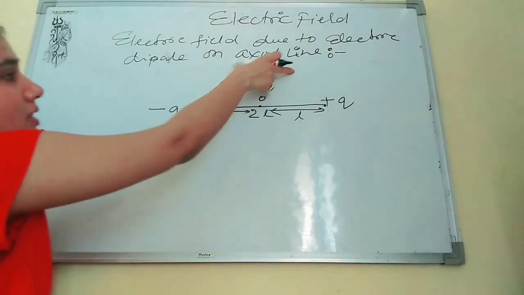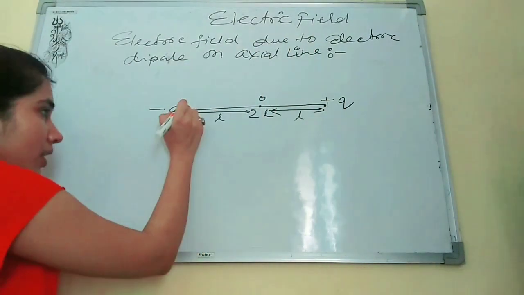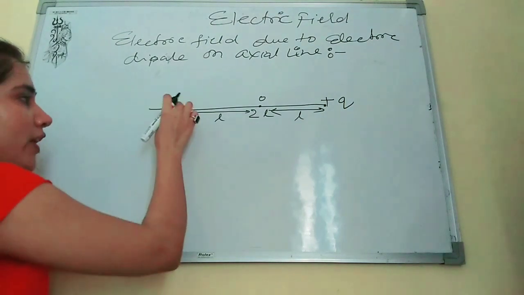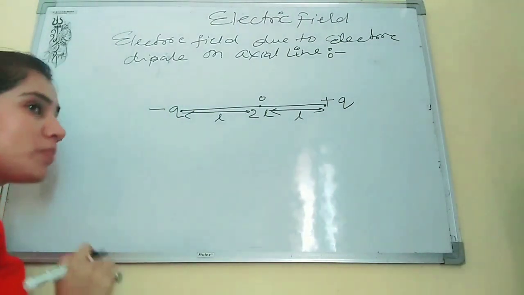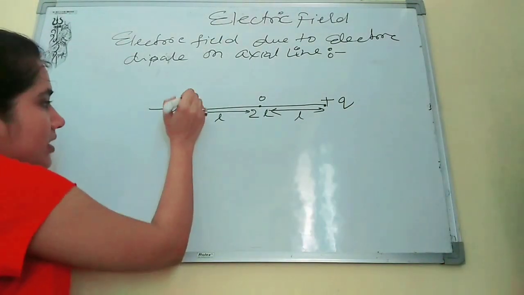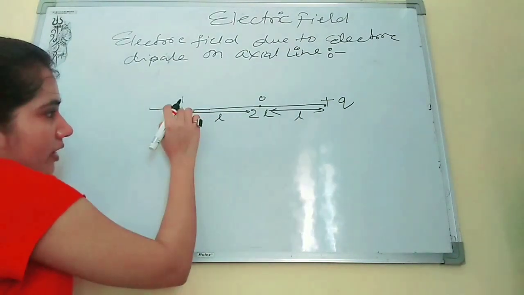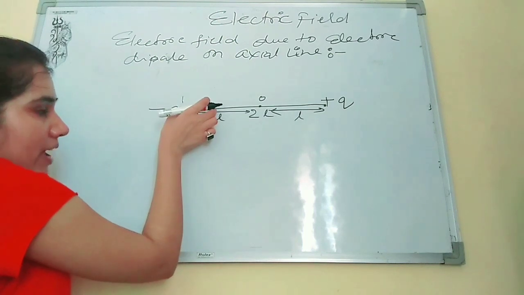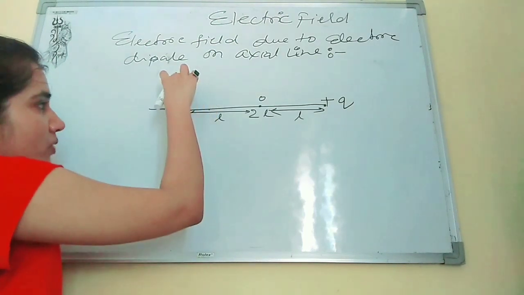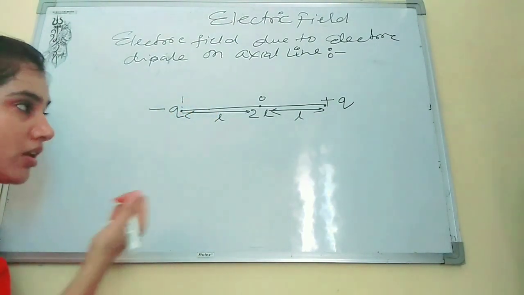Now, what is the axial line? It is the line along which the charges are placed. It has some axes. Suppose in this direction is the x-axis, this will be the y-axis, and this will be the z-axis.